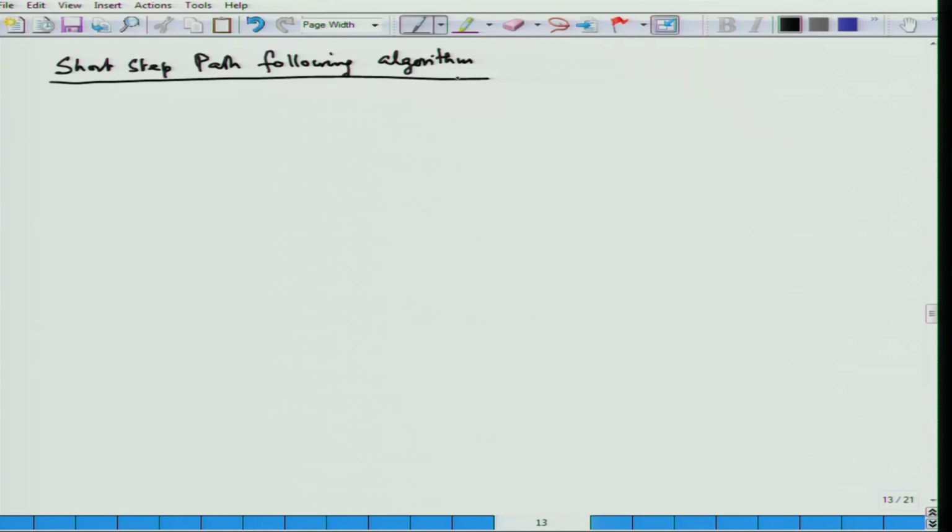So, initialization step. You will create the neighborhood N2 theta, so that you force all the points there, that is this sigma, the centering parameter, is 1.